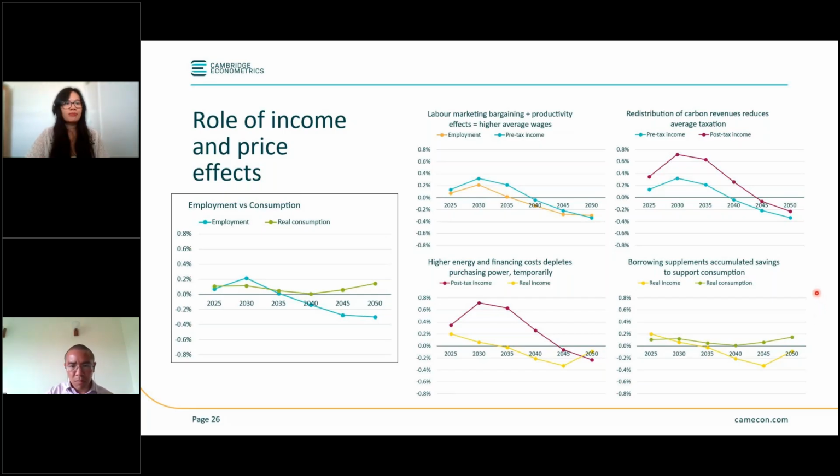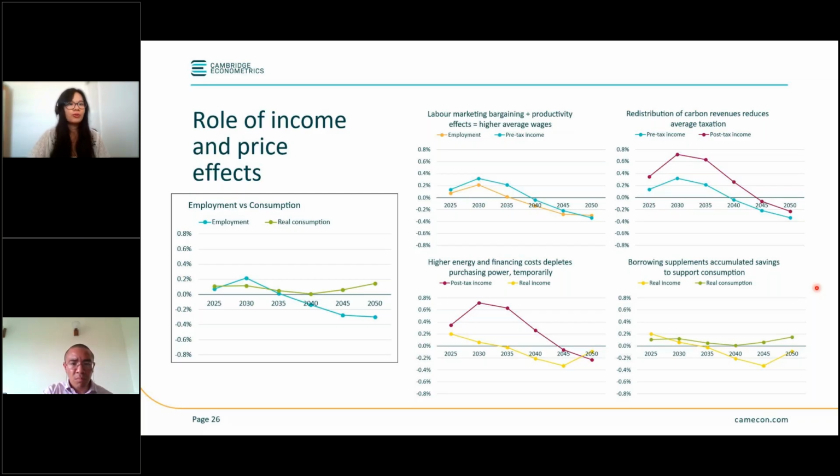And that example is by looking at the relationship between employment and household consumption. So intuitively, we would think that these indicators have a relatively linear relationship in the way that if we have more jobs, we likely would have more income that can lead to an increase in consumption.